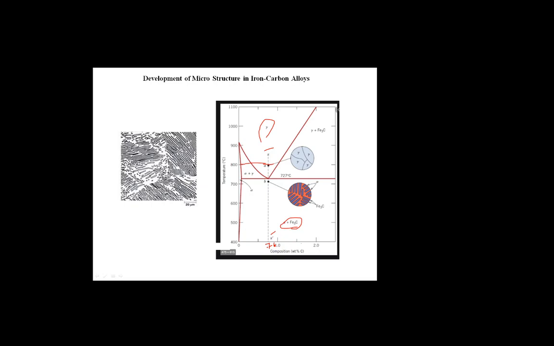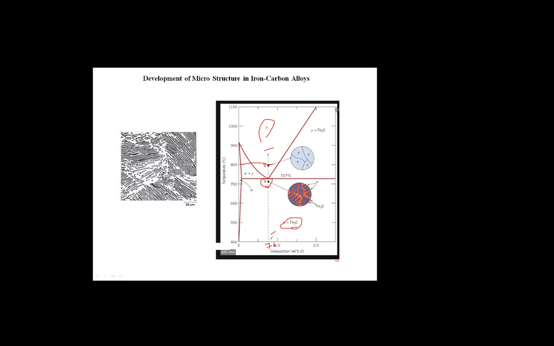As the alloy is cooling, there will be no changes until it reaches the eutectoid temperature, and upon crossing this temperature, at the point B, the austenite transformation occurs.